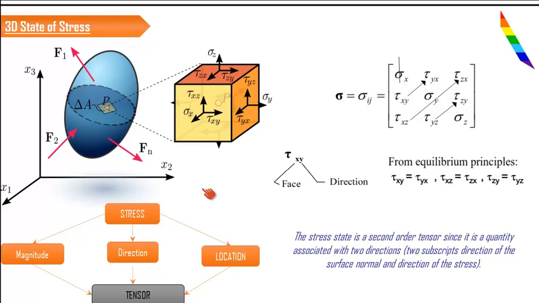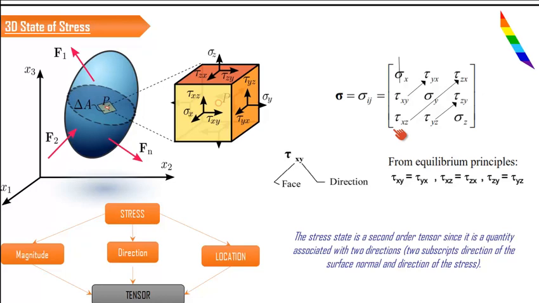So all these planes will have different states of stress. This particular state of stress is in a particular plane. So if you change the plane, another state of stress will be obtained. That means it is purely depending upon the plane direction. That means you require a location to define the state of a stress. So the stress at a point is valid only at a particular location.